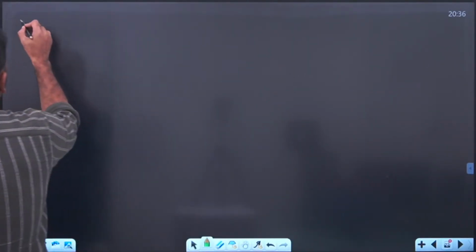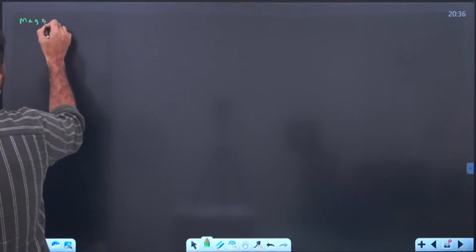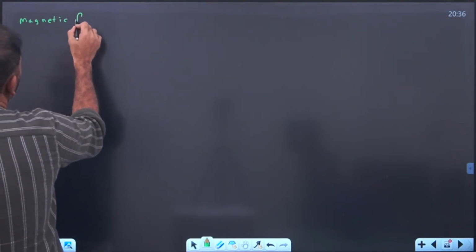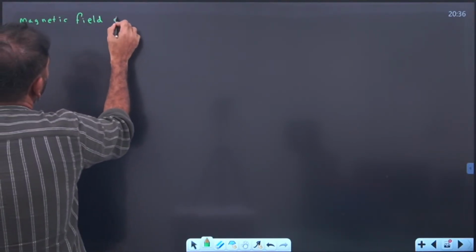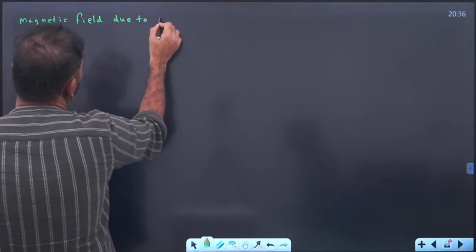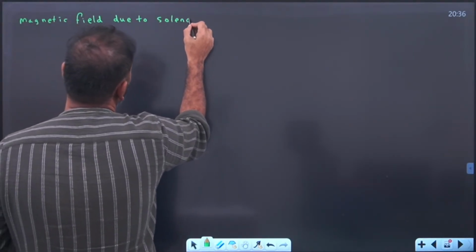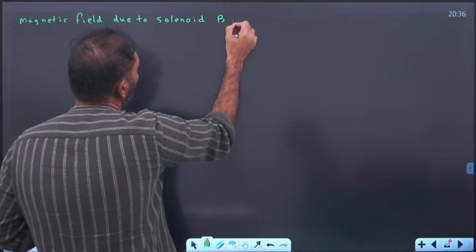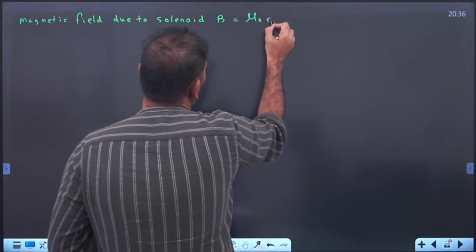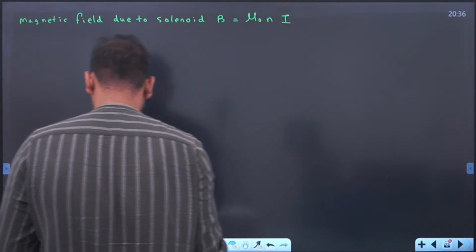Now, let us continue. The magnetic field due to a solenoid is B equals mu 0 N i. That we know.